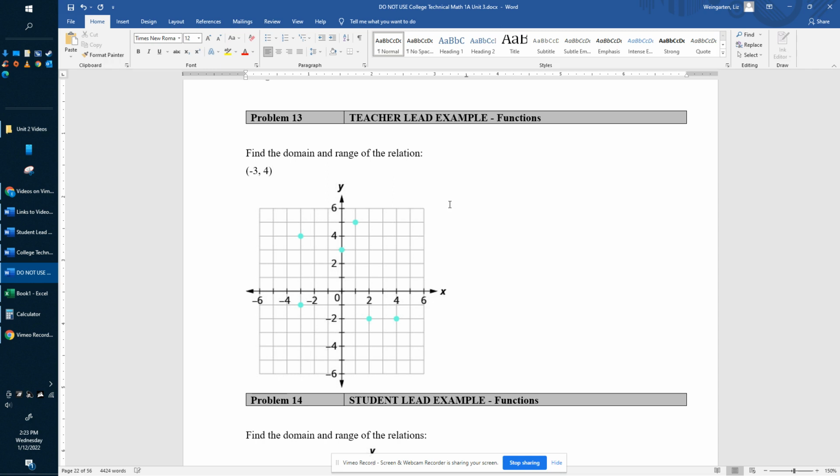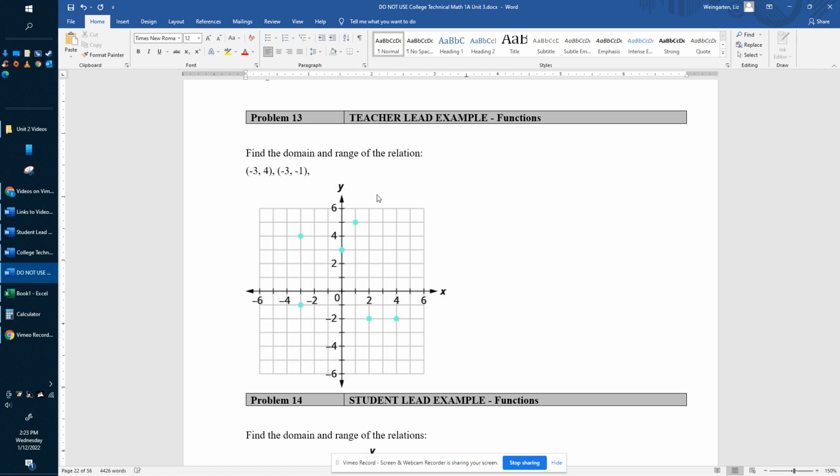Now I'm listing these out just so that I don't accidentally forget anything. So let's do that some more. The next point is underneath it. x is -3, y is -1. -3, not 3 negative. There we go.